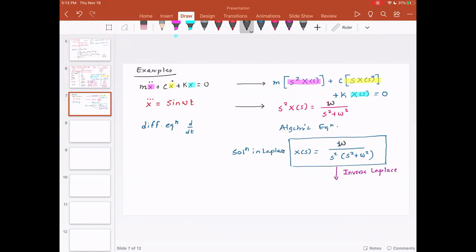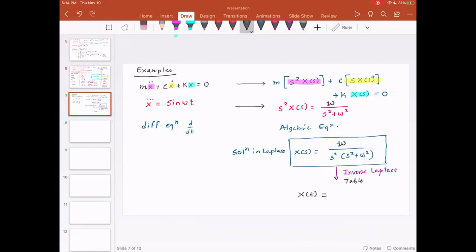So inverse Laplace transform: either I can find the inverse Laplace transform directly, or I can use partial fractions or some other technique, or I can just look up tables. I will look up tables and find out x of t, and that will give me the answer in the time domain.